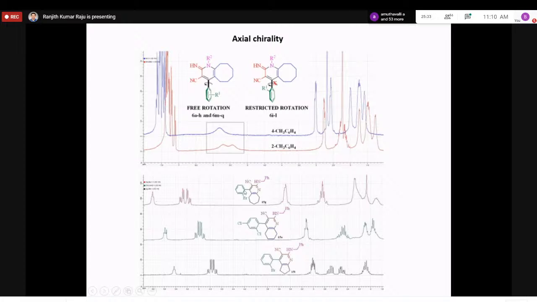These observations were very interesting when we did these reactions. In all the cases, you can see that with ortho substitution, because of this restricted rotation, the compound becomes chiral.